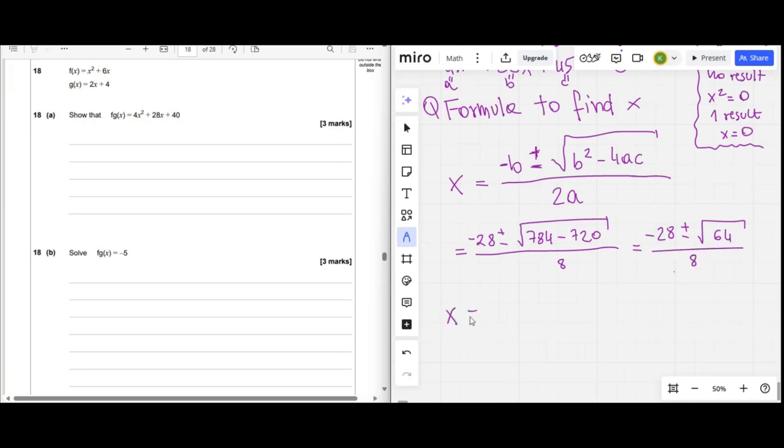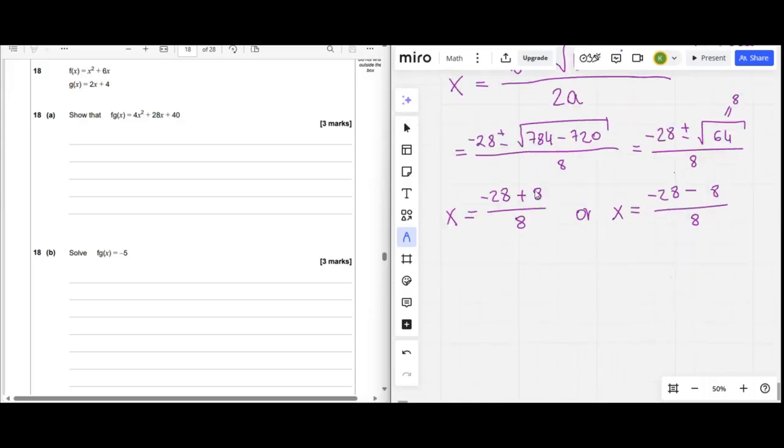So x would be negative 28 plus 8 over 8, or x will be negative 28 minus 8 over 8. So from the first one, minus 28 plus 8 is minus 20 over 8. And the other one is minus 36 over 8.